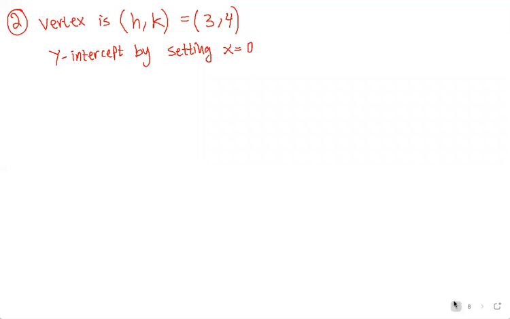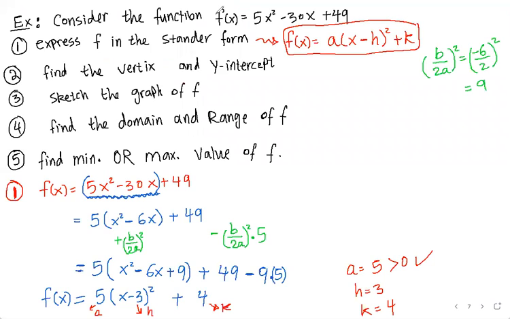So plug the 0 inside this equation. f of 0 equal 5 times 0 squared minus 30 times 0 plus 49. So 5 times 0 is 0, 30 times 0 is 0, the only thing left is 49.